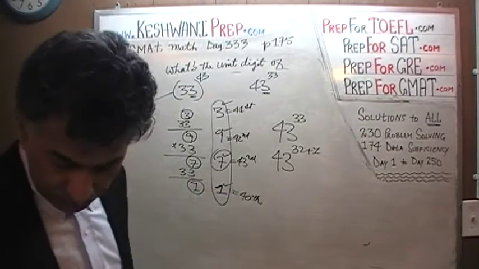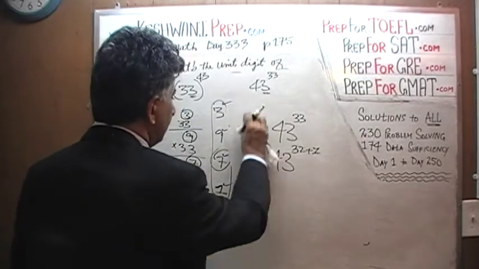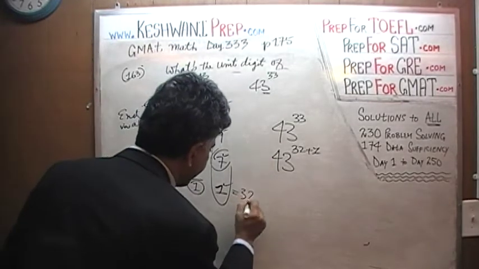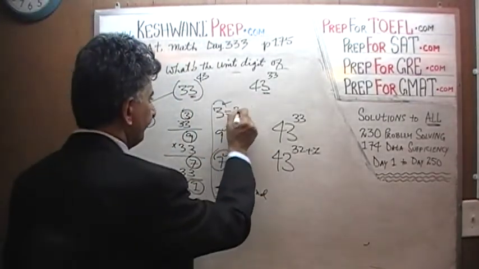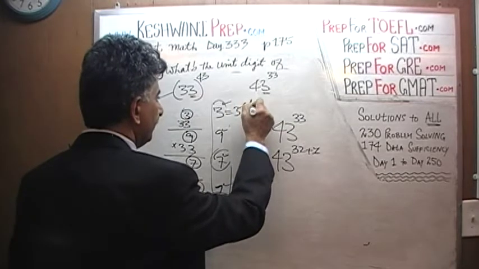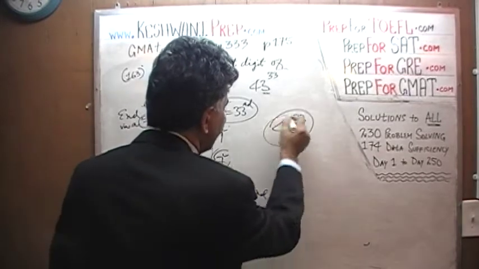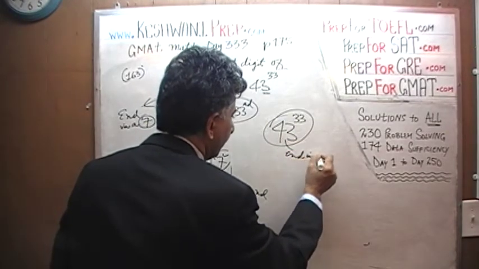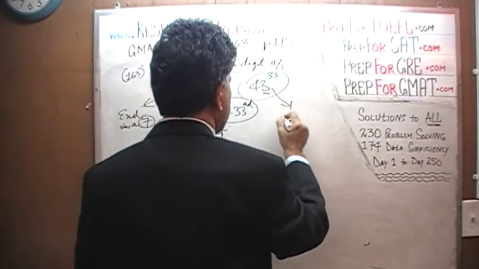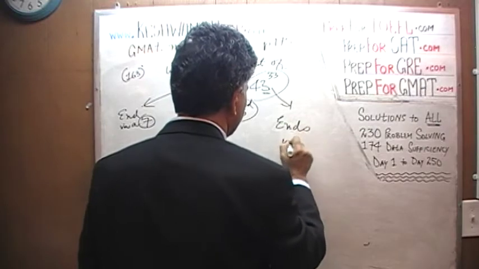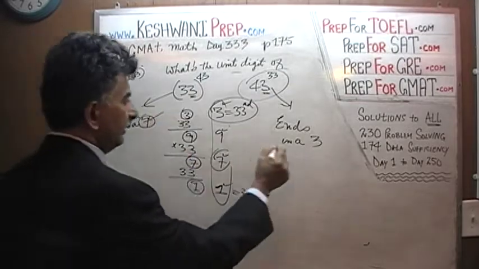The 32nd ends in a 1, but we need the 33rd, which is 3. So this ends in a 3. The first ends in a 7, this ends in a 3.